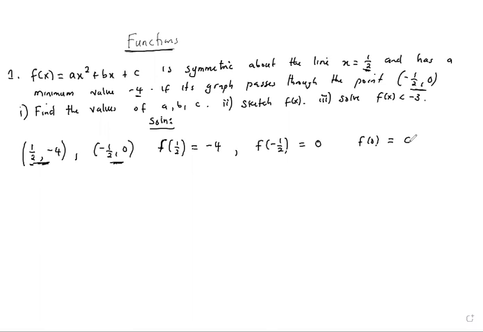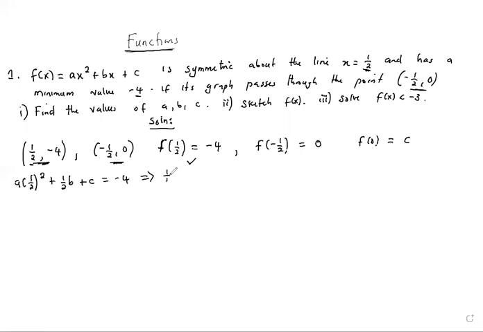Now we'll start with the last one, telling us that c is equal to... that one cannot come out. Let's start with the middle one. So that is x, we take half. So we have a times half squared plus half b plus c is equal to -4.